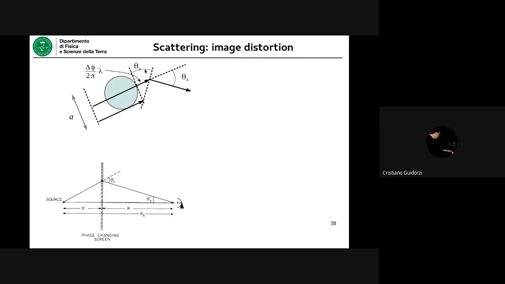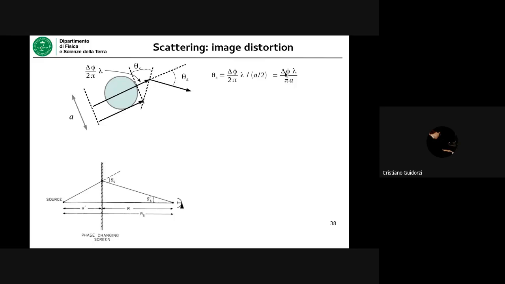But the tangent of a very small angle equals the angle itself in radians. So theta s is just this guy over a half. So you immediately see that the angle by which the wavefront has been tilted due to this effect can be estimated like this.